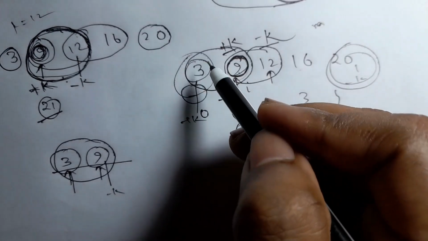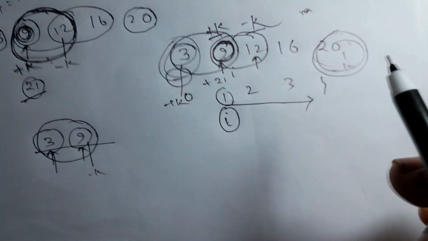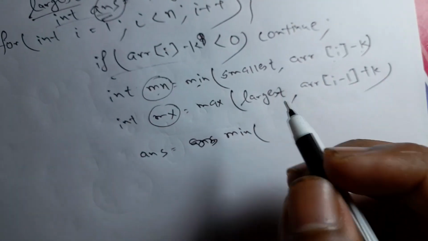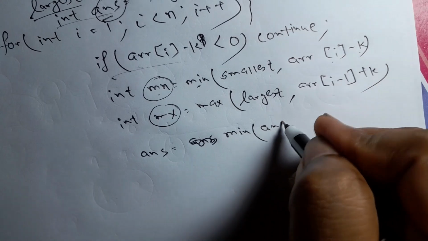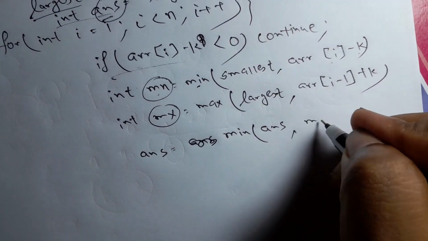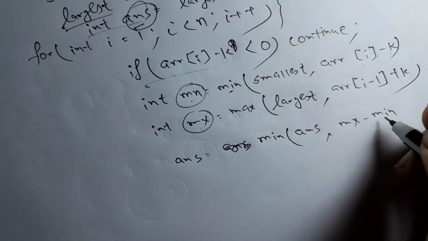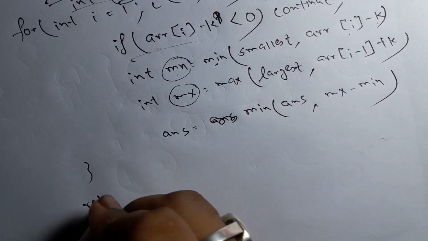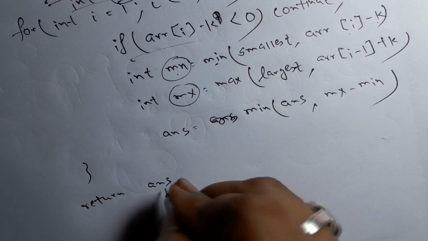Okay, so we have to store the difference between the smallest and largest element. So what I have done, answer equals min of answer comma max minus mean. Hope it is clear, and we will return answer.